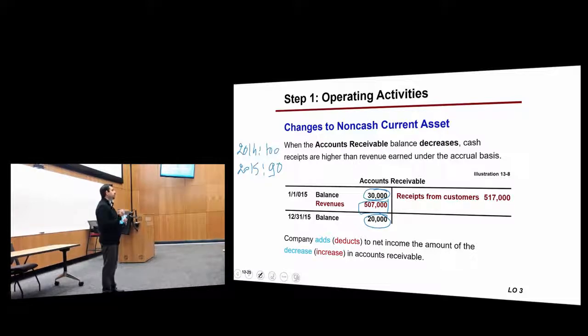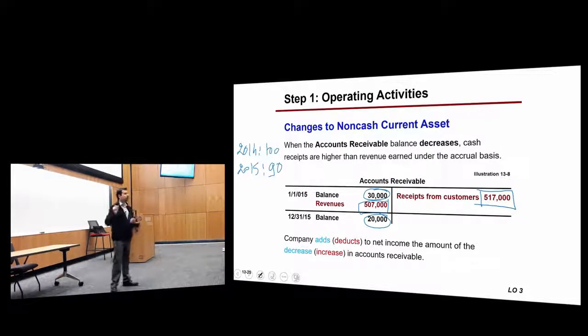That means that during this year, the company collected cash of 517,000, but recorded as revenues 507,000. So under the accrual basis, revenues were 507,000. Under the cash basis, the company's cash inflows were 517,000. So this difference of 10,000 will have to be added.